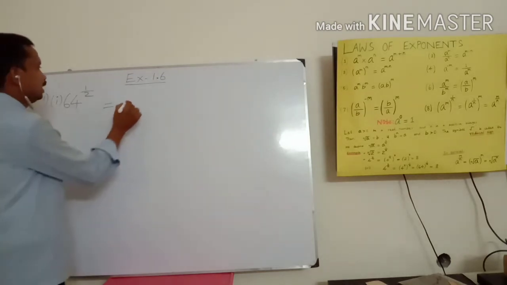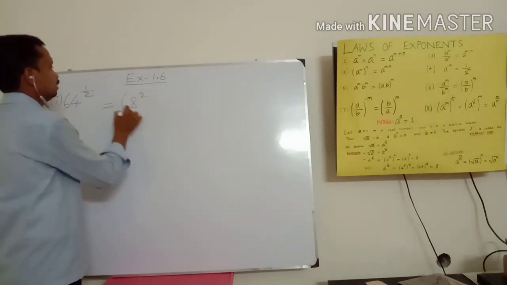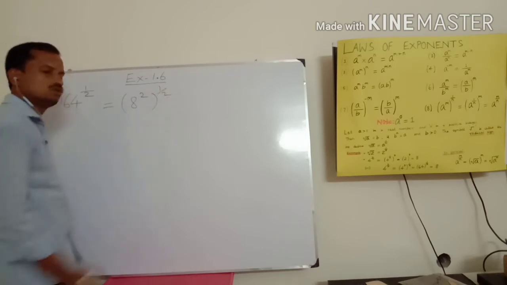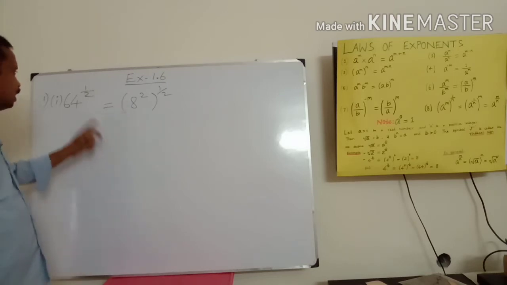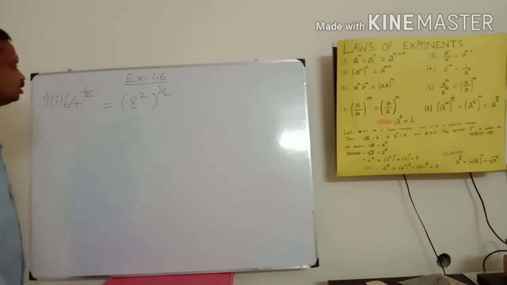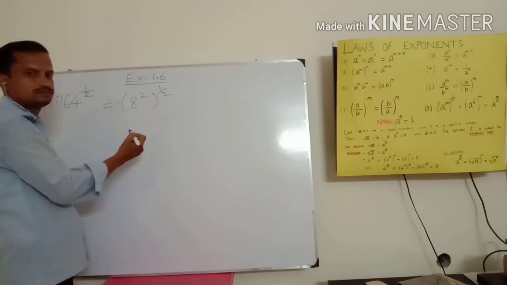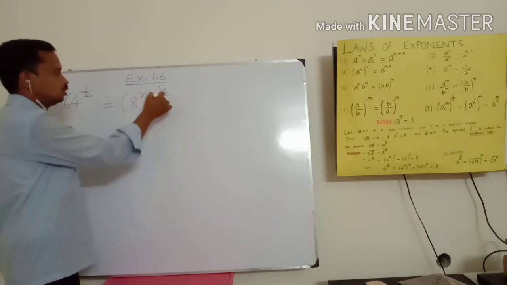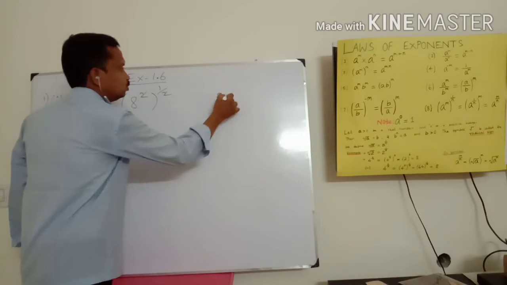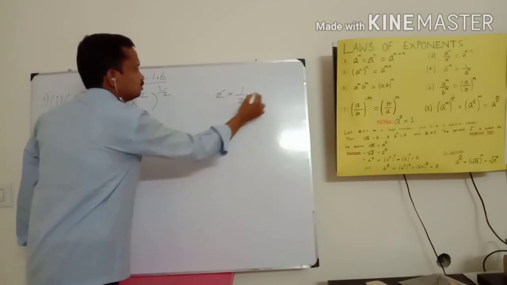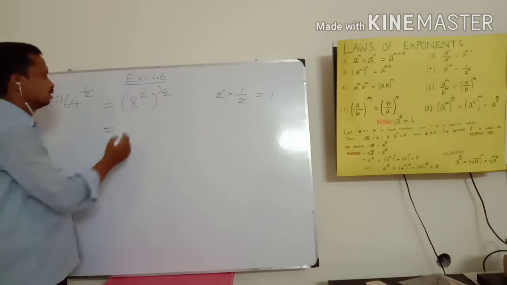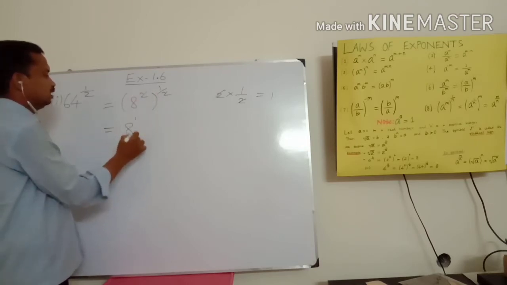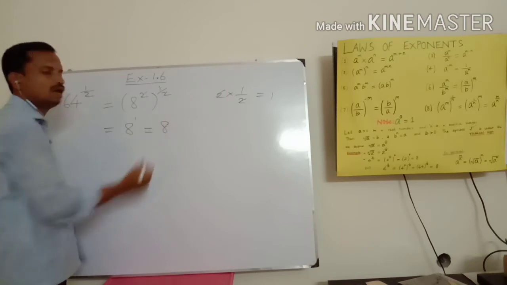So how can we make 64 a number with power 2? 64 is nothing but 8 square. You know 64 is 8 square. 8 into 8, that is 64. So 8 square and whole to the power 1 by 2. So now the power 2, because 2 into 1 by 2, if we cancel we get 1. So we can cancel this and then it becomes 8 power 1, which is nothing but 8.